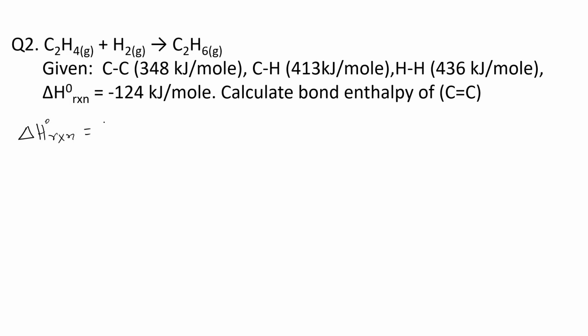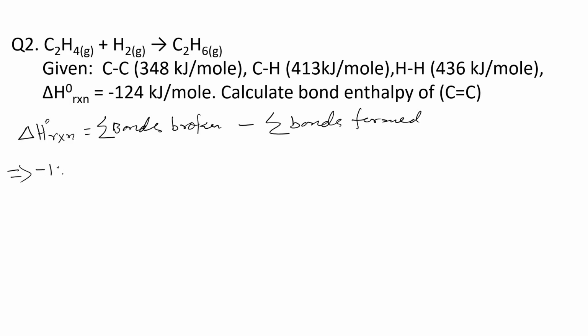So first we'll write: this is the energy of the bonds broken minus the summation of the energy of the bonds formed. Energy means enthalpy of the bonds. Now put the value. The enthalpy of the reaction is minus 124 kilojoules per mole.